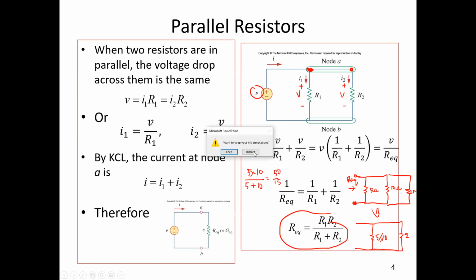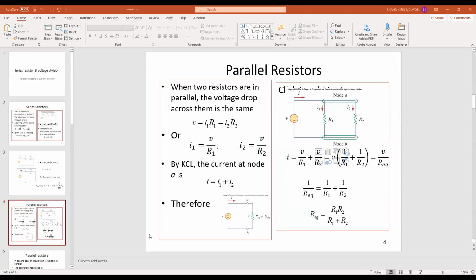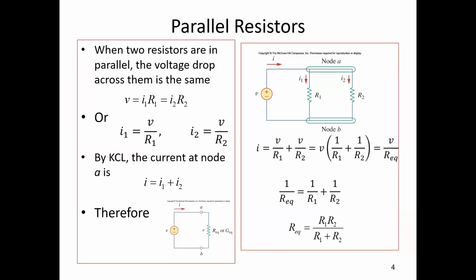By using the calculator, 50 over 15 is 3.33. After that, you need to parallel it with the 2 ohm. So the R equivalent is 3.3 parallel with 2, or 3.3 multiplied with 2 over 3.3 plus 2.